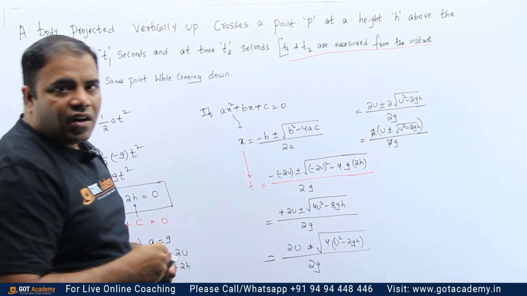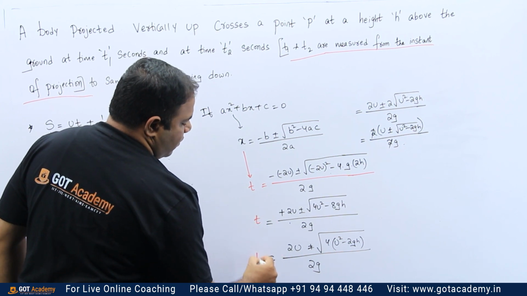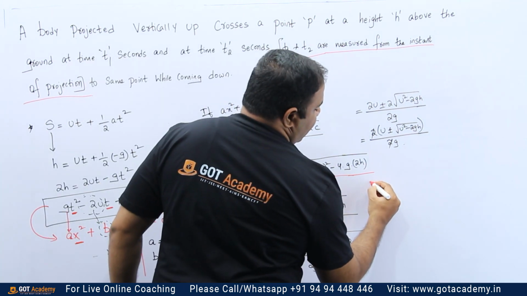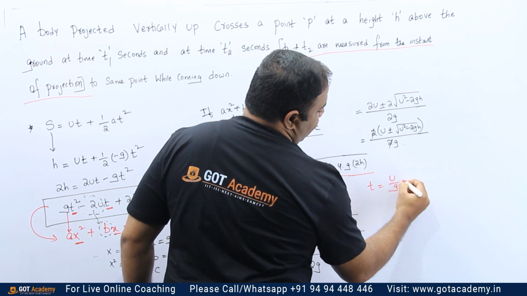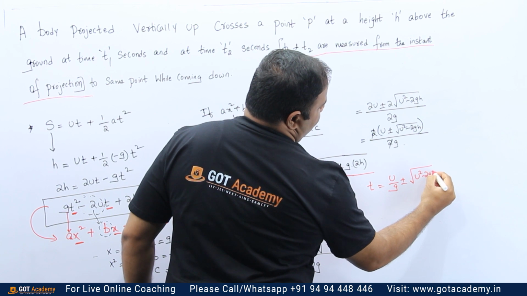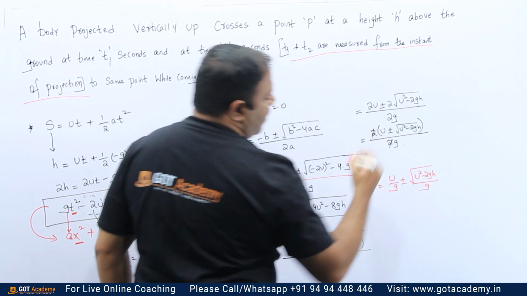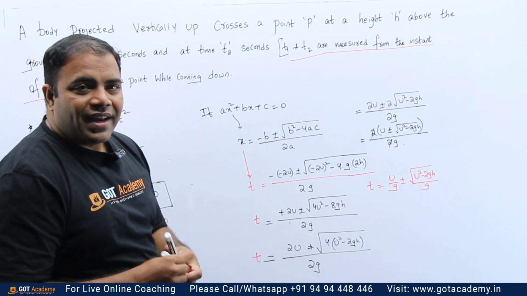So what is the final result that you are getting here? That is T. So now I have to say that T is equal to u by g plus or minus root over u square minus 2gh by g. Like this I am getting, my dear. So one is plus and another one is minus.